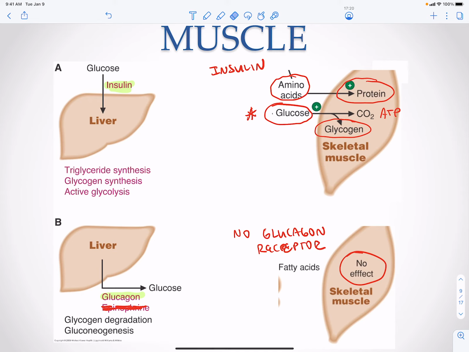And this is important because it's going to keep glycogen stores for need. So remember, glucagon is going to mobilize fuels, and if you're not using your muscles, there's no reason for your muscle cells to tap into their glycogen stores. They want to keep that for when you actually need them.